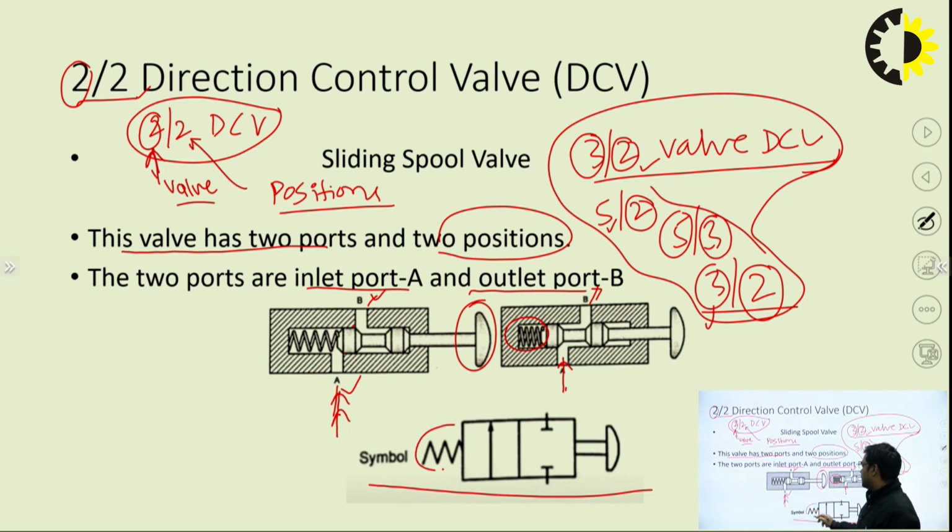This is the spring, which can move in either direction, and this arrow represents the movement from A to B. So initially it is closed, that is the normally closed position. As we press the switch like a push button, the air or fluid can flow from A to B.